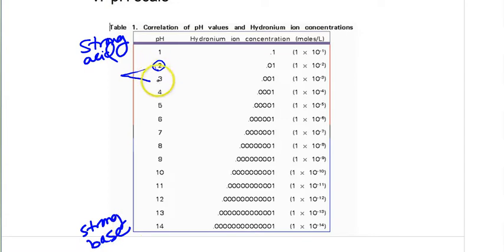It's not just one step away, it's actually 10 times. So each one of these increments is 10 times difference. So if you have a pH of 2 and a pH of 3, a pH of 2 is 10 times stronger than a pH of 3.